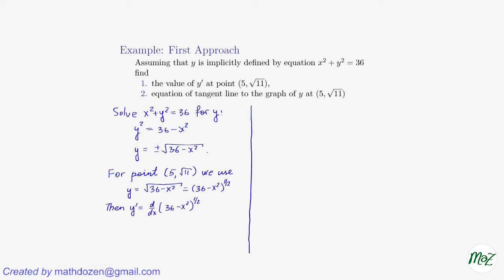Then we need to work on the derivative of y. It's going to be the derivative of this expression. And with the help of the chain rule, we get that it is the same as 1/2 times 36 minus x squared to the negative 1/2 power times the derivative of the inside function, 36 minus x squared. So this boils down to 1/2 times (36 minus x squared) to the negative 1/2 power multiplied by negative 2x.